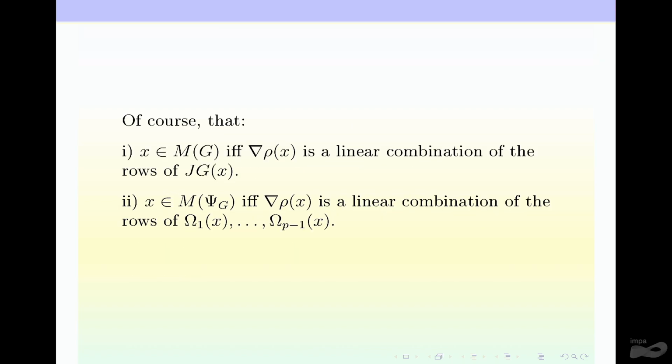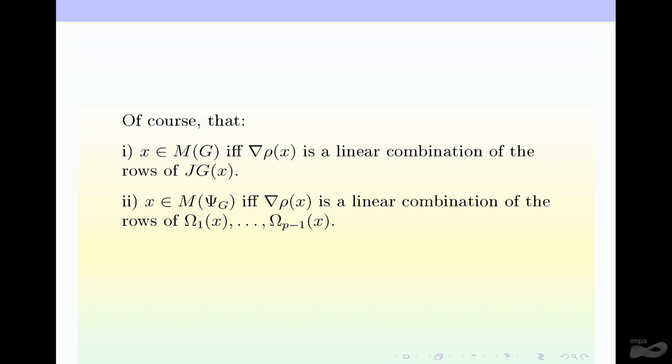So a consequence is that if x is in the polar variety of G, then the gradient of rho at x is a linear combination of the Jacobian of G at x.